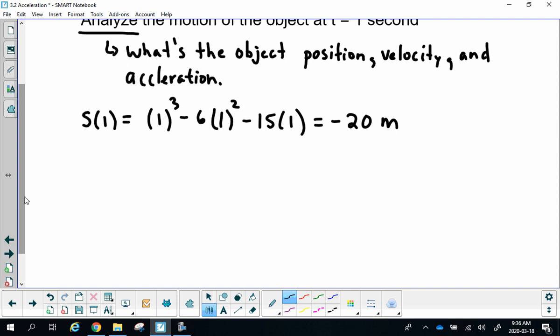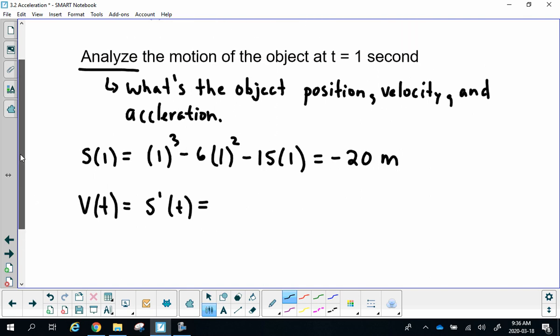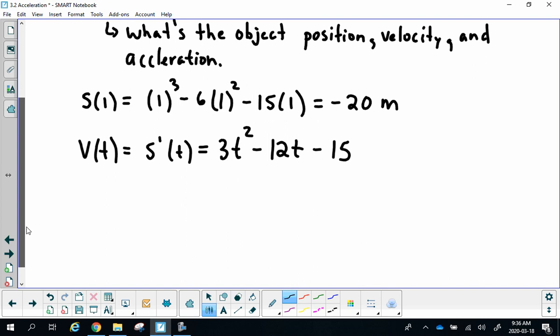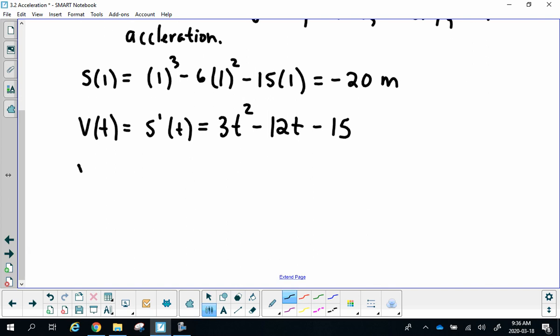Okay. Then we have to talk about velocity. So velocity, okay, is the derivative of the position function. So the derivative of the position function is 3t squared minus 12t minus 15. Okay, so v of 1 is equal to s of 1, or sorry, s prime of 1. And so we have our derivative here.